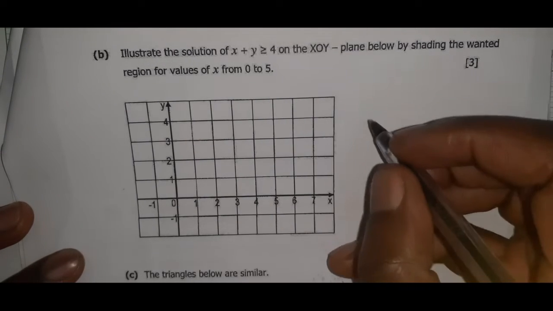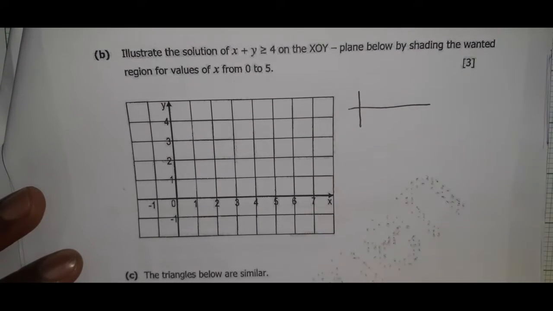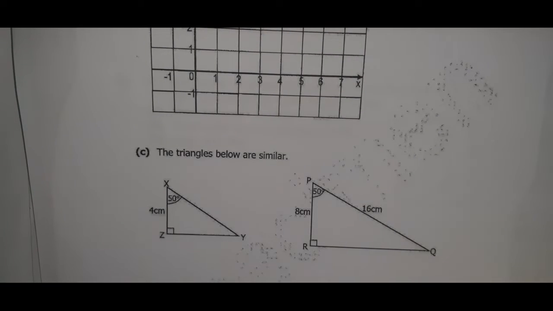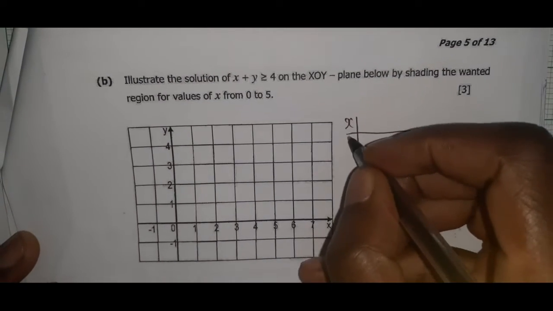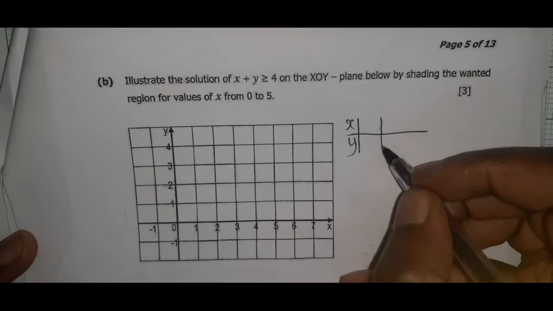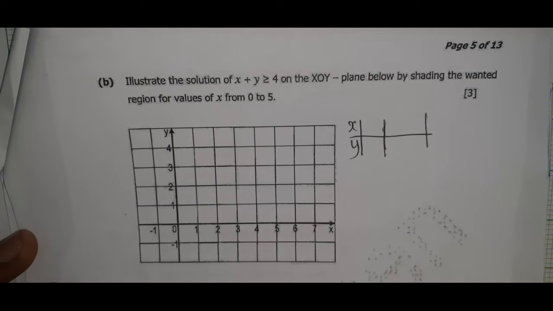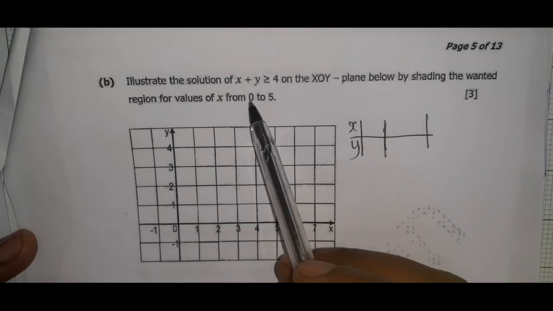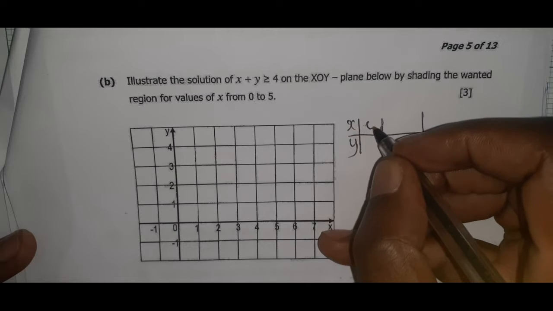Okay, so here what we are supposed to do is to come up with a table of coordinates. This is x and this is y. And you should know that in the exam you don't have the time. So the easier way is just use these same 2 coordinates, the first one and the last one.